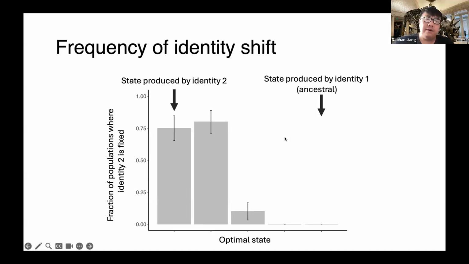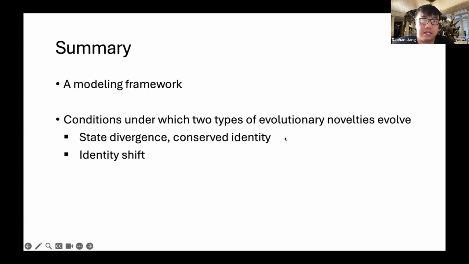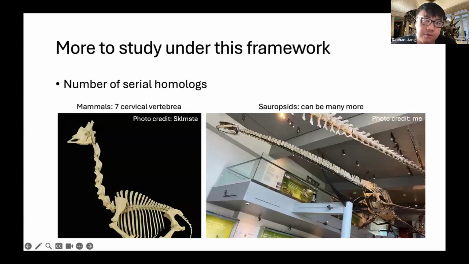So these are some very initial steps, and that's what we have done for now. But in the future, there would be more to study under this framework. For example, the number of serial homologs of the same type. One example is the number of vertebrae.